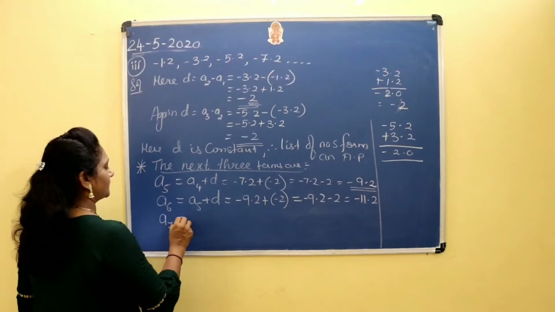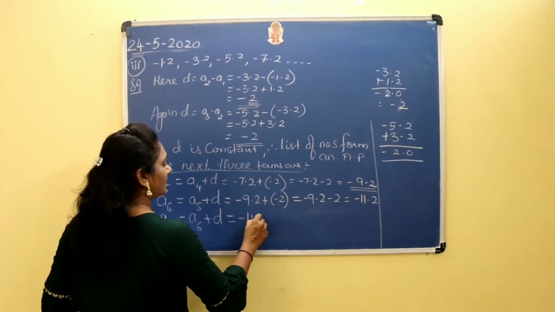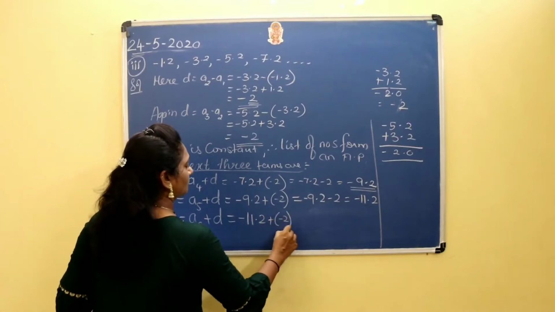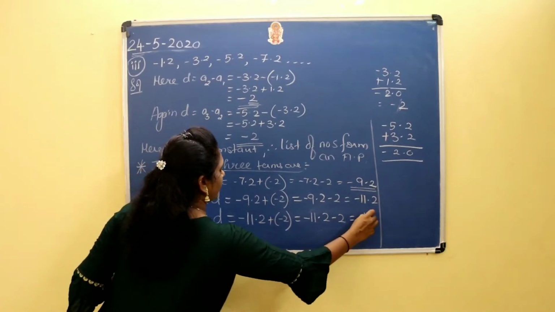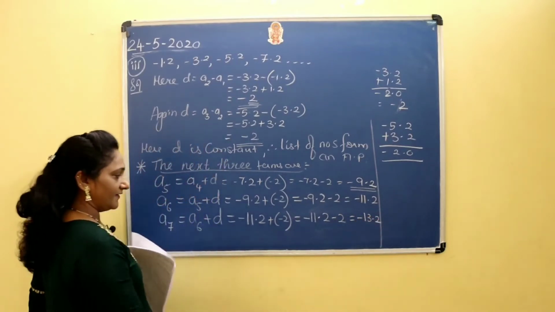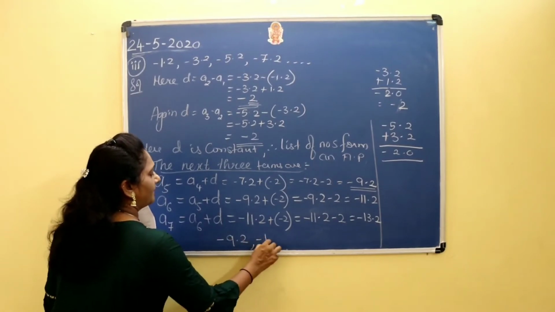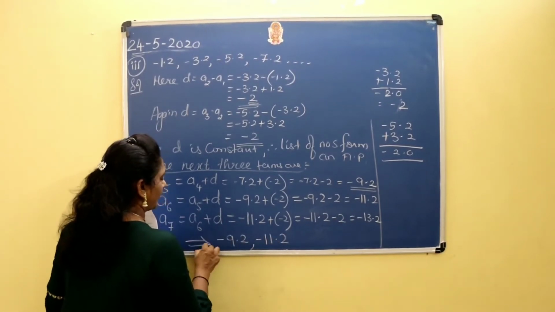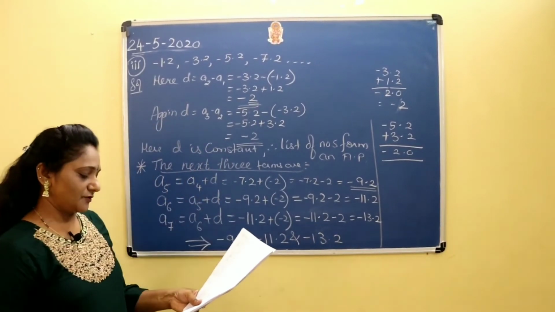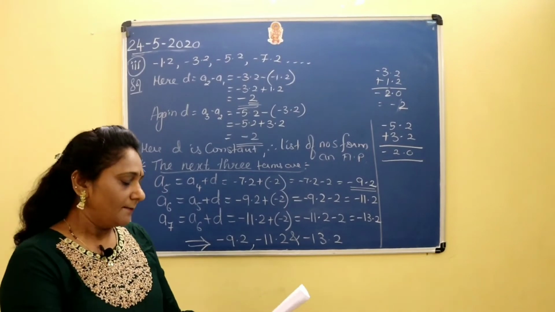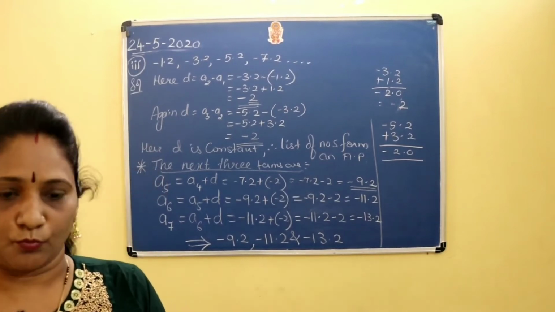A7 is equal to A6 plus D, equal to minus 11.2 plus of minus 2. You will have minus 11.2 minus 2, that is minus 13.2. Therefore, your next 3 numbers are minus 9.2, minus 11.2 and minus 13.2.